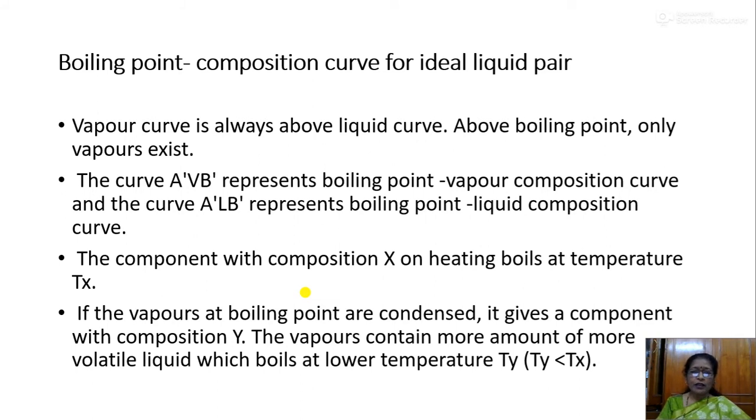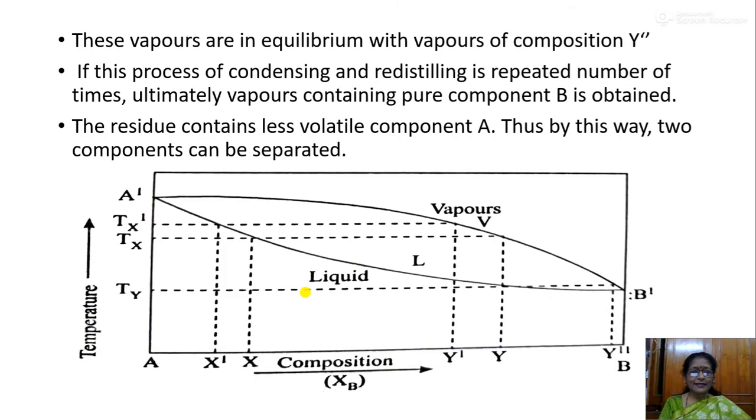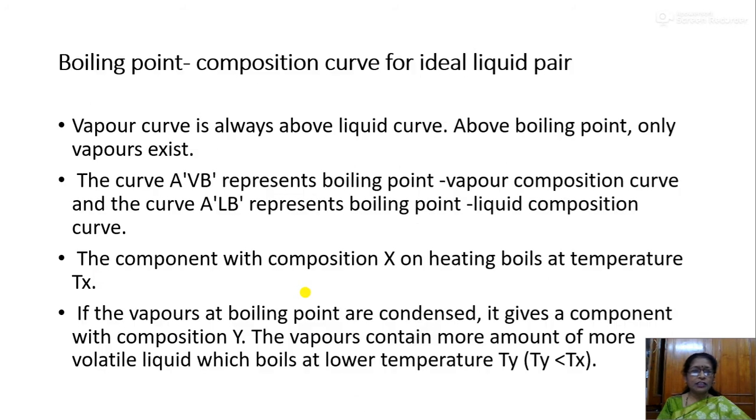The component with composition X on heating boils at a temperature Tx, that is shown here. So that is the Tx boils. Next, if the vapor at boiling point is condensed, it gives a component with the composition Y. The vapor contains more of the more volatile liquid, which boils at lower temperature Ty.